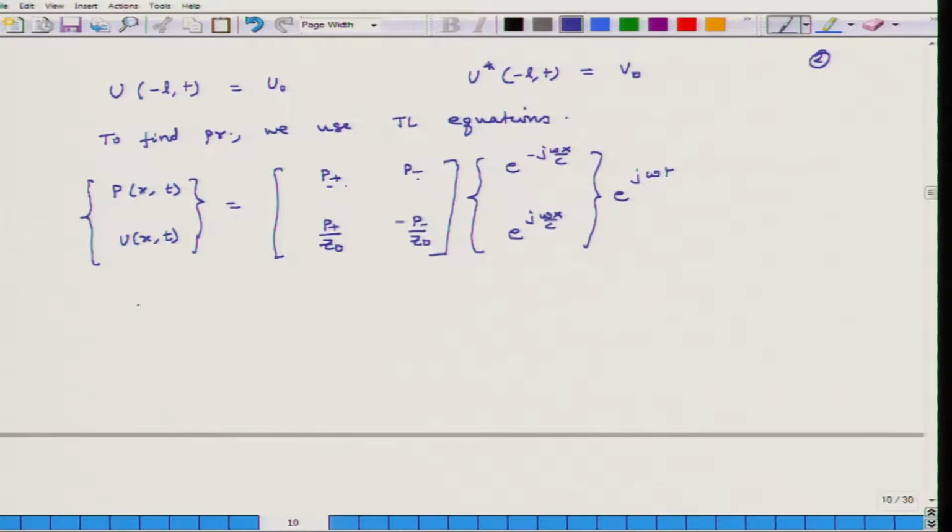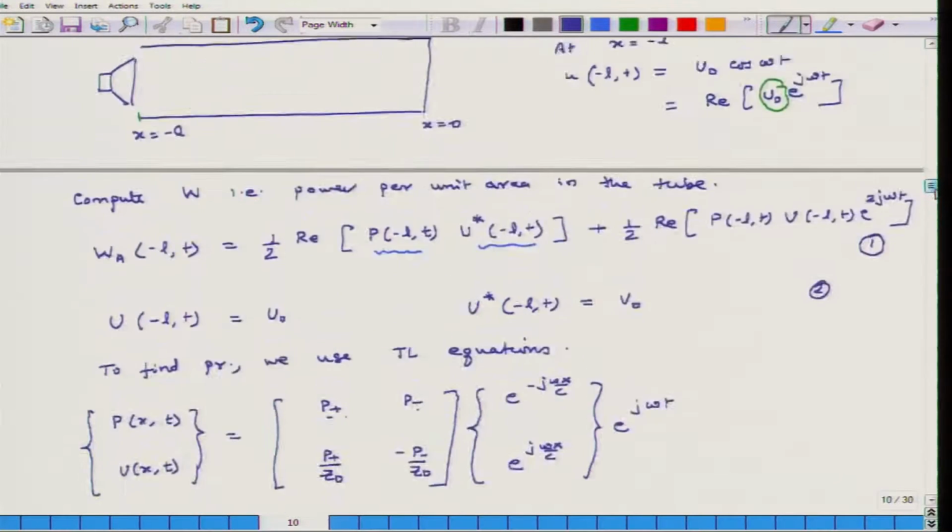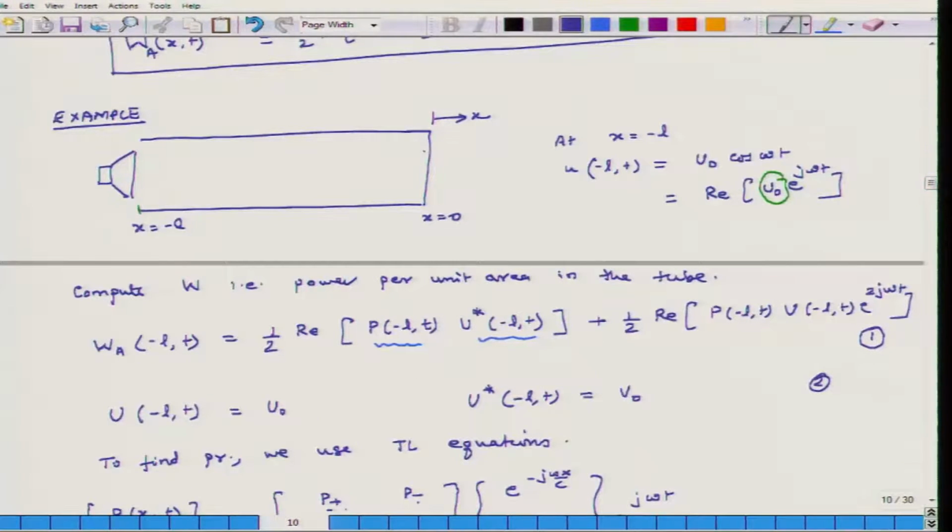So, first we apply the BC at x is equal to 0. What is the boundary condition at x is equal to 0? It is a closed boundary. So, no air can go out or no air can come in.